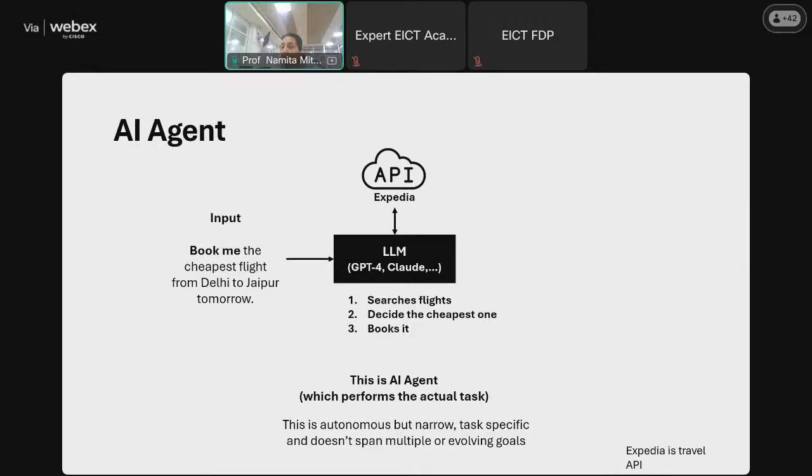Booking is the kind of action. So this is an AI agent which performs the actual task. So this is autonomous but narrow, task specific and doesn't span multiple or evolving goals. It is simple to do. It's not complicated, right? So that is a case of AI agent.